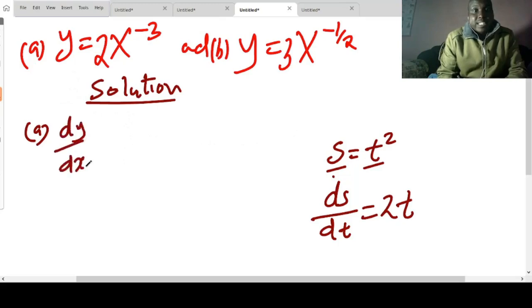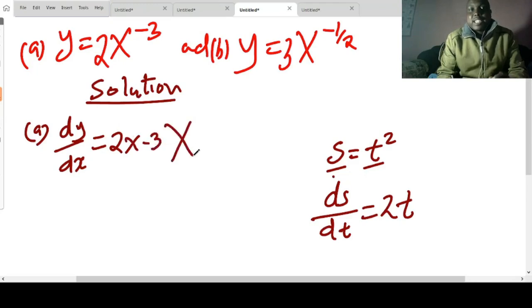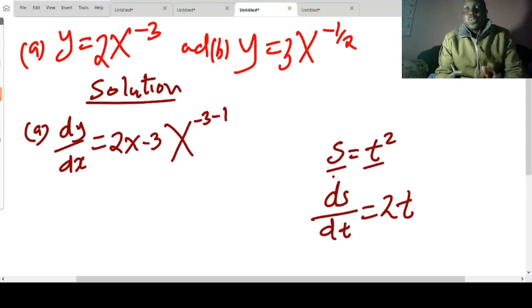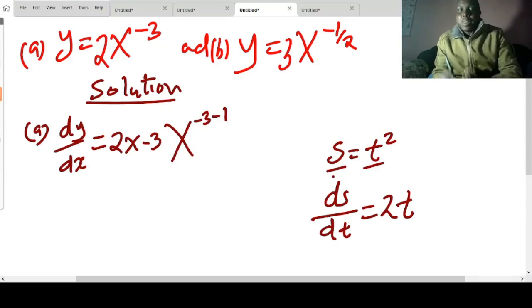So we come here, we go back to our a, we say that dy over dx will be equal to, our power, our index is negative 3, our coefficient is 2, the coefficient of x, so we start there. 2, the coefficient of x, times negative 3, correct? Then x, minus 3, the power, minus 1. Because the rule is, you subtract 1 from the power, and you multiply the power with the coefficient of x.